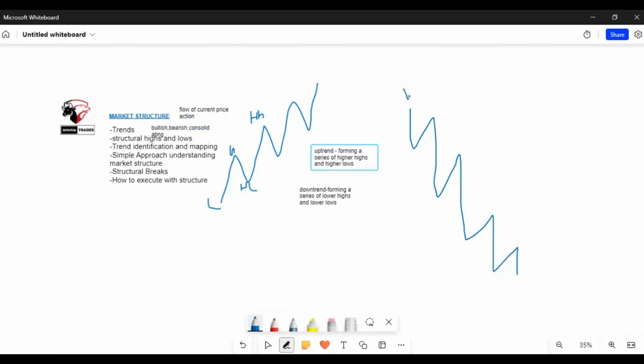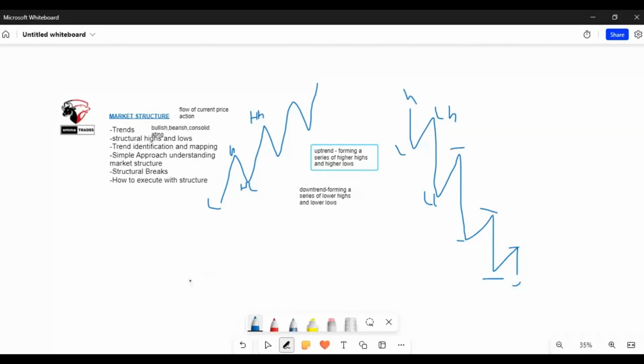It comes from a high point to a low point, then it forms another high that's lower than the previous high, so we call this a lower high. Then the new low formed down here is lower than the previous low, so we call this a lower low. So for the downtrend, price is forming a series of lower highs and lower lows, right?